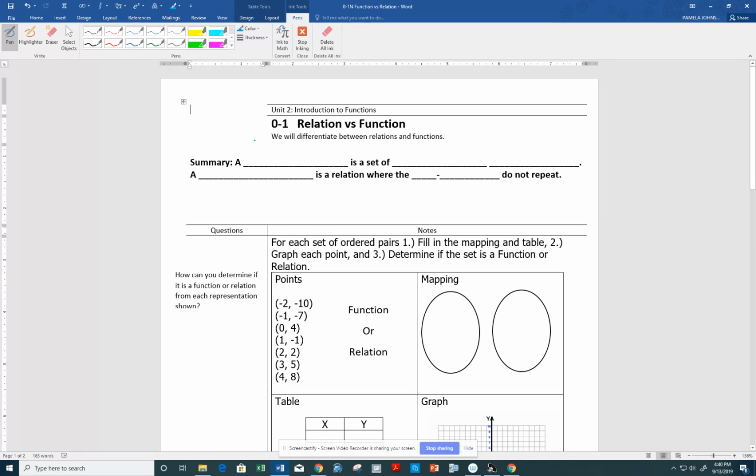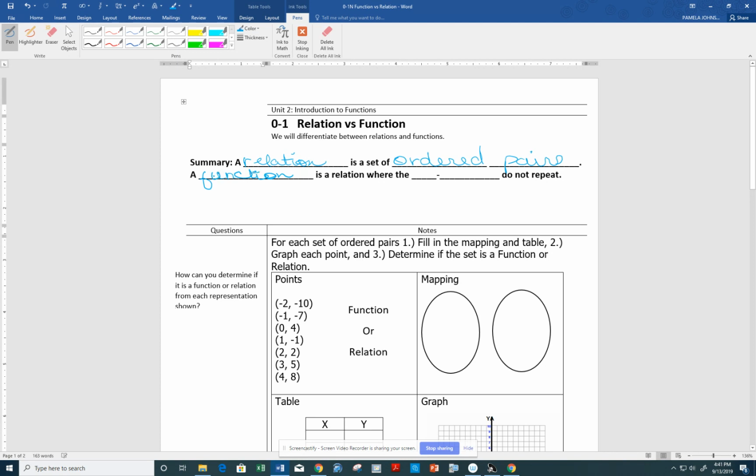So today we're going to talk about a relation versus a function. A relation is a set of ordered pairs. So we're talking about those XY coordinates that you can graph on a coordinate plane. But in order for it to be a function, then that relation, none of the X values can repeat.